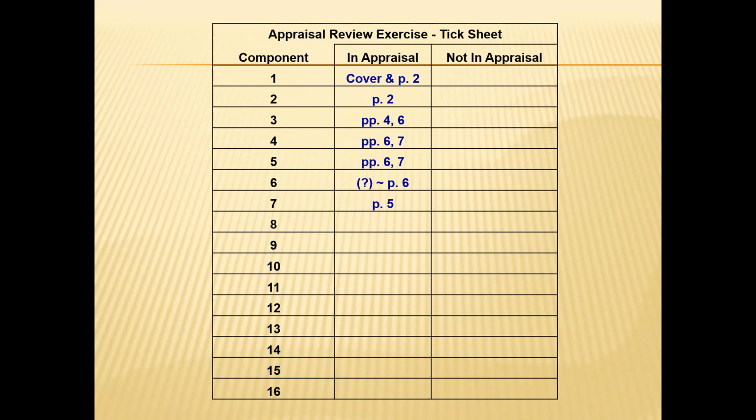So values of properties range from $235,000. That's telling us that the lowest value of a property here is $235,000 to $425,000. Do you all recall how much is the current value of the Rose property?